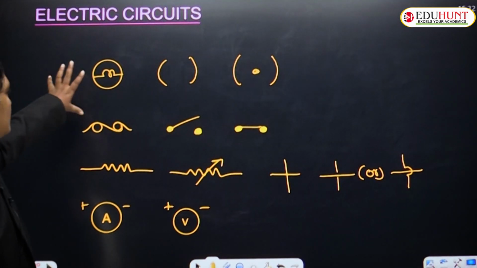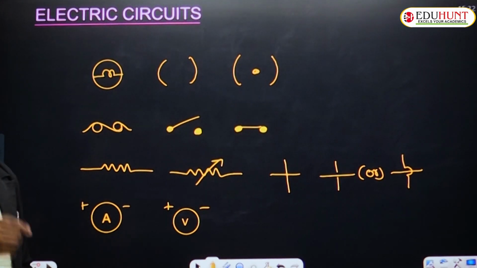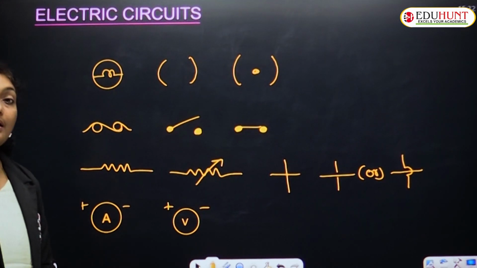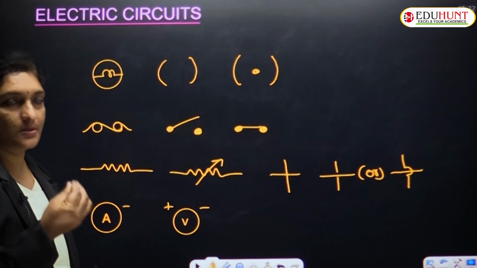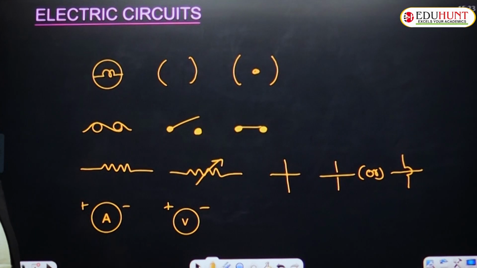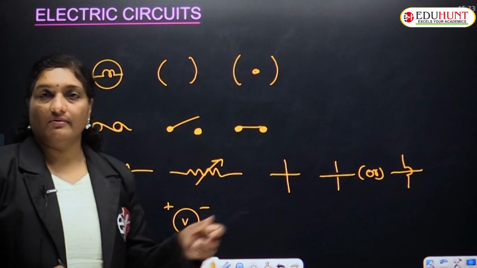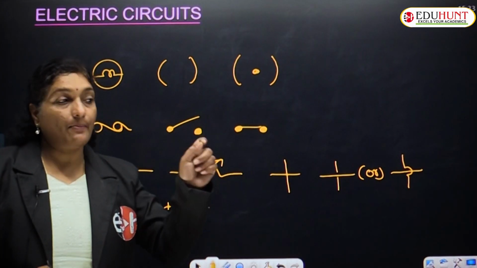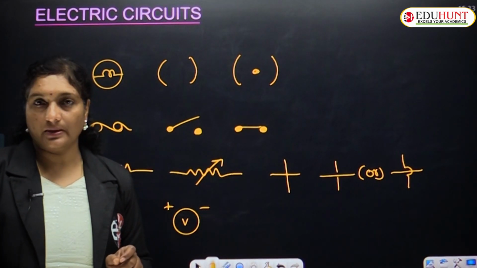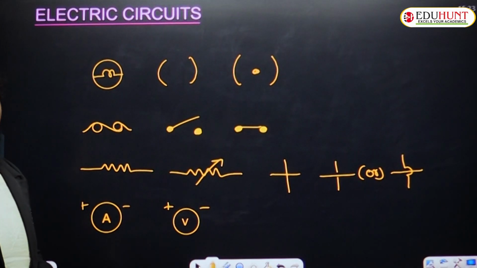Let us discuss them in detail. The first one indicates the symbol for an electric bulb. In electricity, we generally connect a few small bulbs. So whenever you draw a circuit and want to show that a bulb is connected in the circuit, we use this symbol for the bulb.